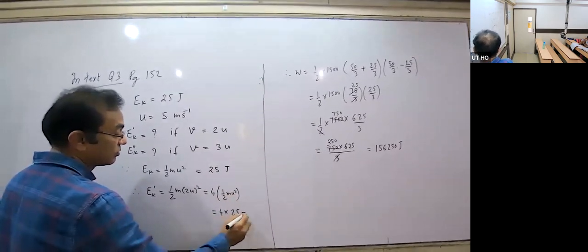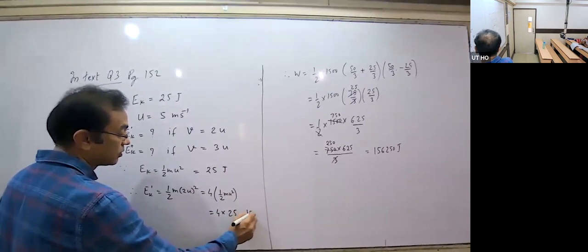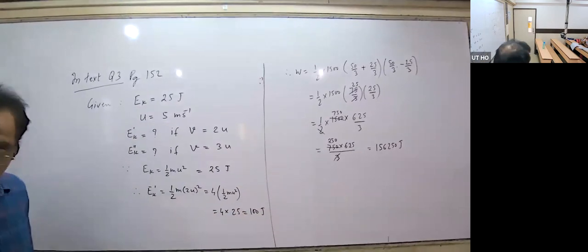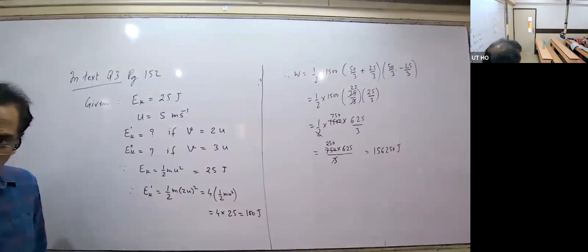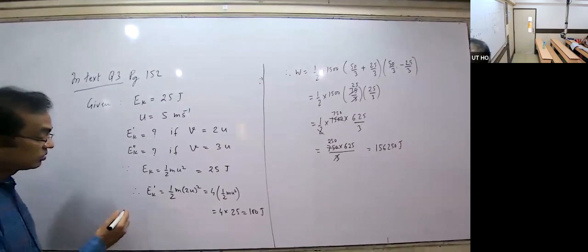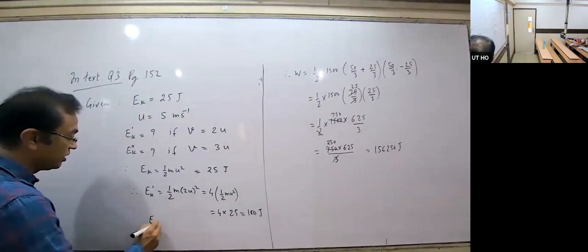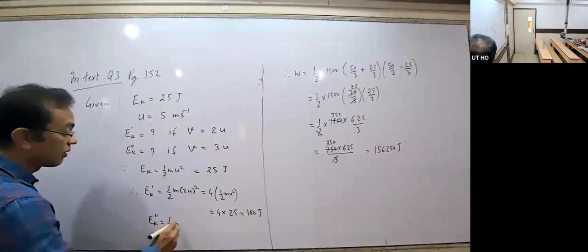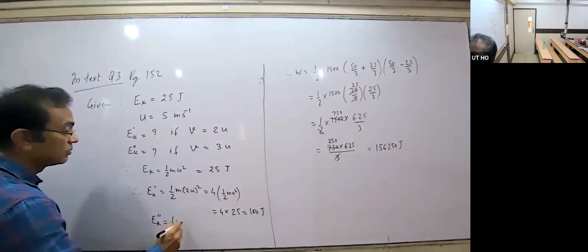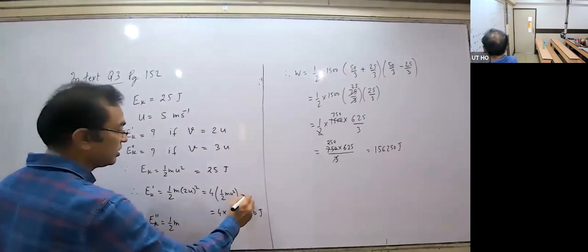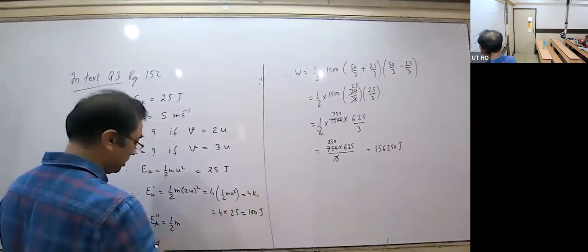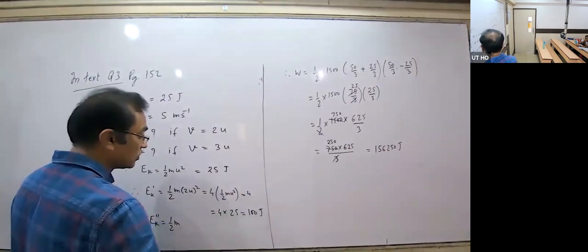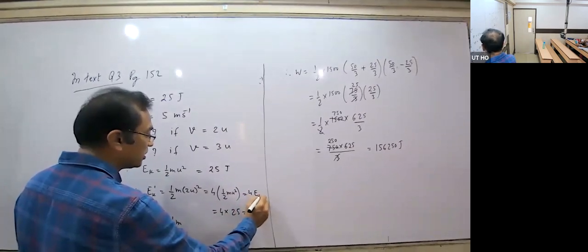So 4 into 25 is 100. You can do that way also, but I would suggest you do this way. It will be easy. This is 4 times EK.